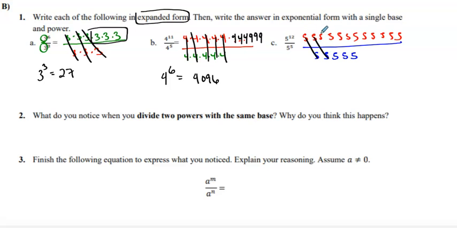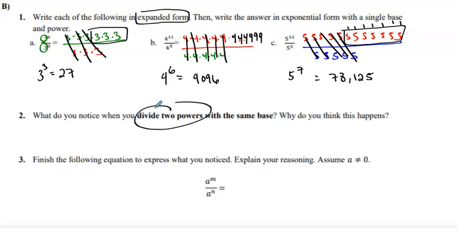And those 5 will simplify, leaving you with how many left on top? 1, 2, 3, 4, 5, 6, 7. So 5 to the 7th power is what is left on the top, and that is 78,125. Of course, I have my calculator handy.